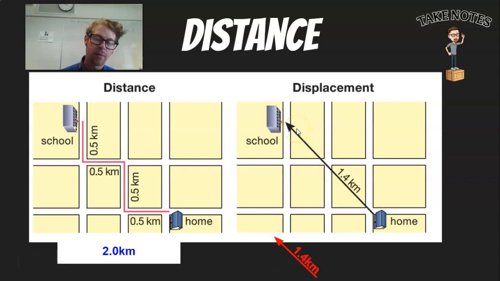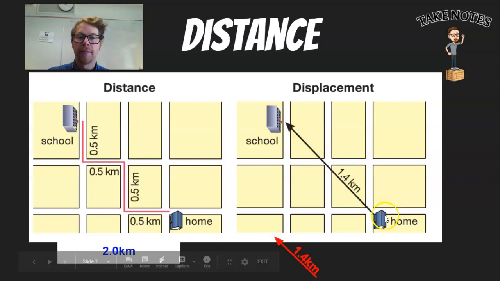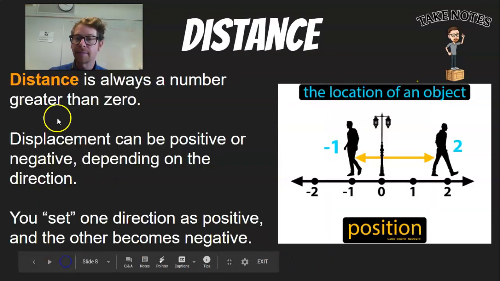So if we were describing this direction, we might say that this is something like northwest, right? 1.4 kilometers northwest. But with a vector, we can simply draw an arrow and give it a unit, 1.4 kilometers. And we know it was going that way. So that's how we would write displacement versus how we would write distance.